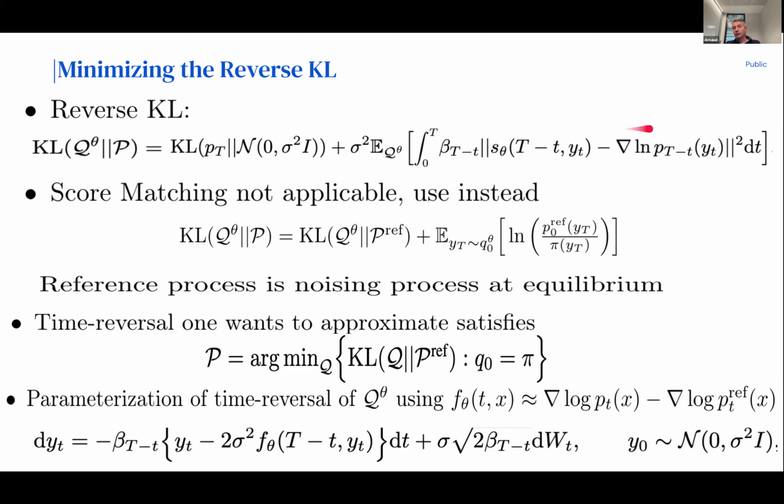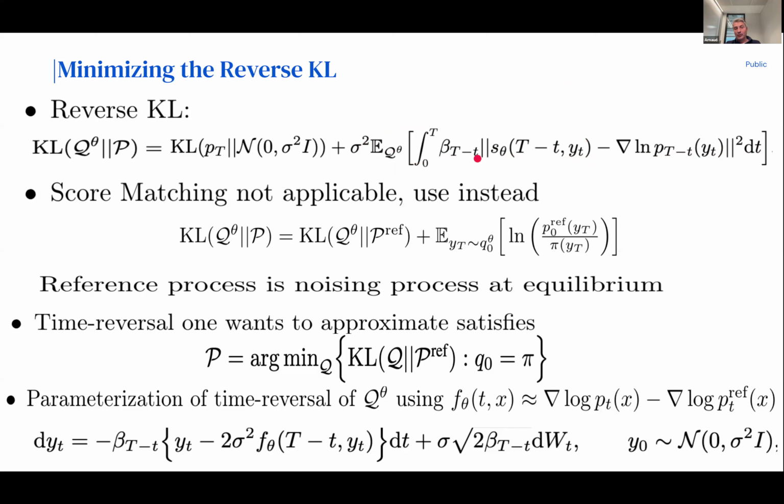I could replace the intractable score by the score of the log transition of my noising diffusion. It turns out, in this context, I cannot do that, because my expectation is not on the P, it's on the Q theta. So this trick doesn't work. So that's not the way you can learn the parameters of your neural net approximation of the score, because this criterion is actually useless.